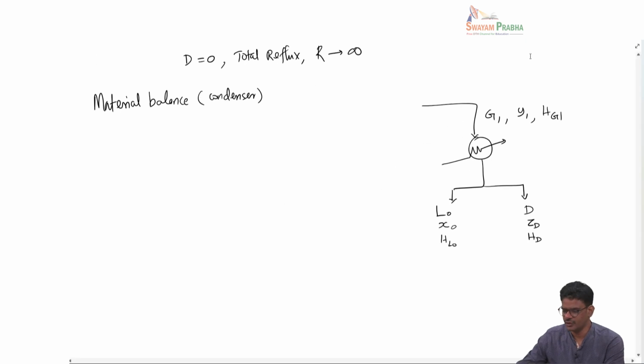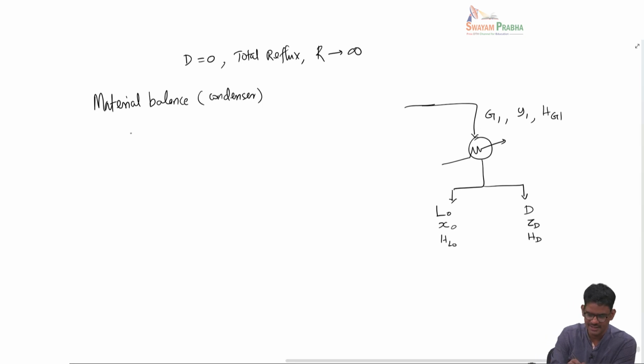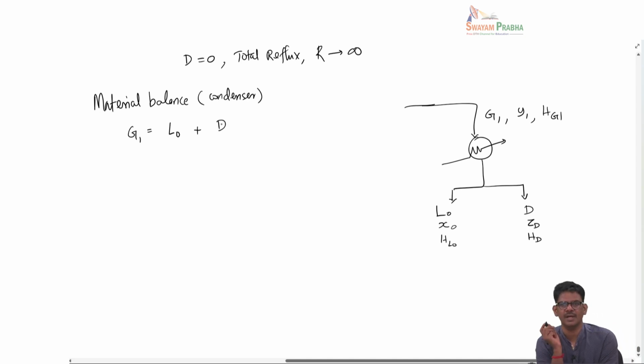So I have redrawn the condenser part alone. So you can see that what is coming into the condenser is G1, and then after condensation this is split into two parts, one that is reflux, other one is the distillate product. So if you do a material balance, you will be able to write that G1 is nothing but L naught plus D. So now I can write this L naught in terms of the reflux ratio.